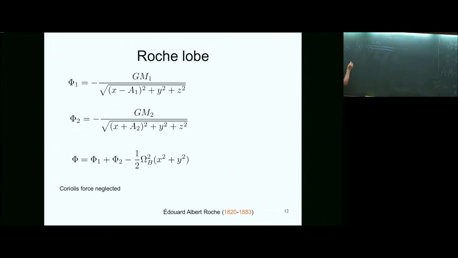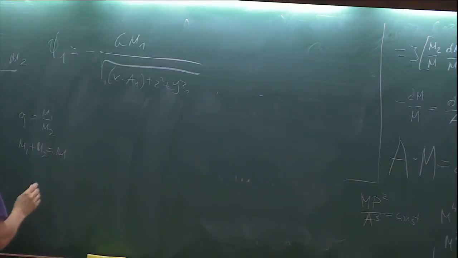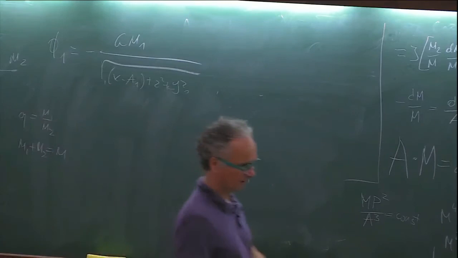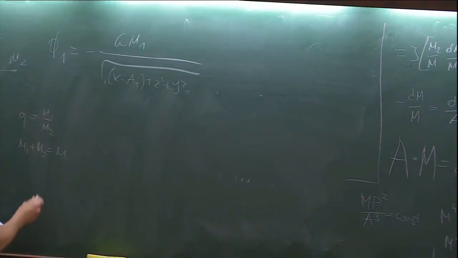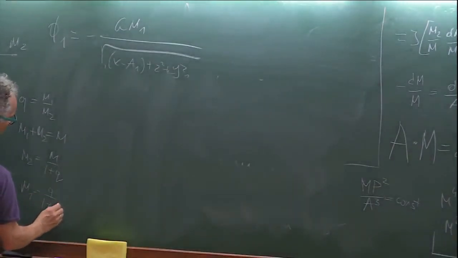So we have q equal to M1 over M2, and M1 plus M2 is equal to M. Then M1 is q times M2, so M2 is equal to M divided by (1 plus q), and M1 is equal to q over (1 plus q) times M. Okay?